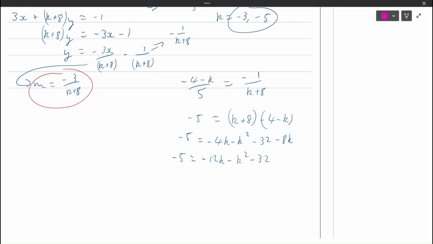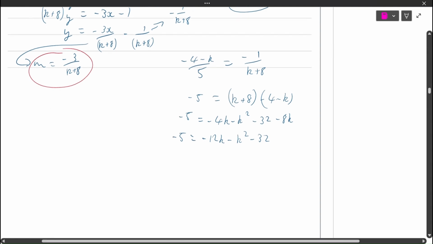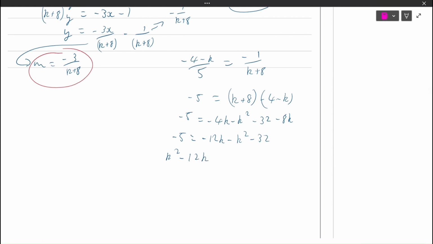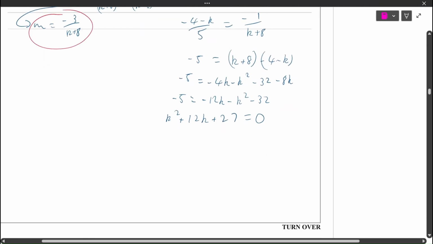We can times everything by negative 1 to get rid of the negatives. And here we have k squared plus 12k, and then minus 5, so plus 27 equals 0. Sorry, that's supposed to be a plus 27 equals 0.